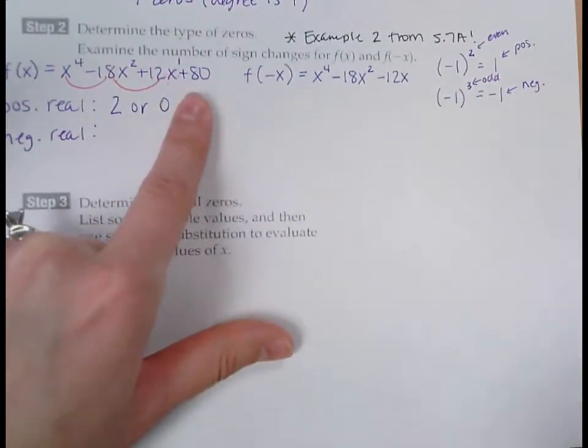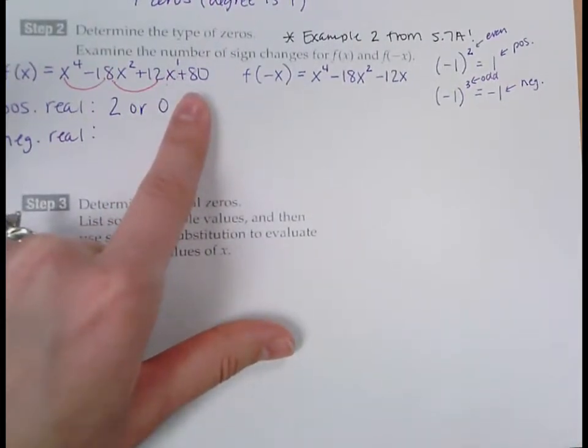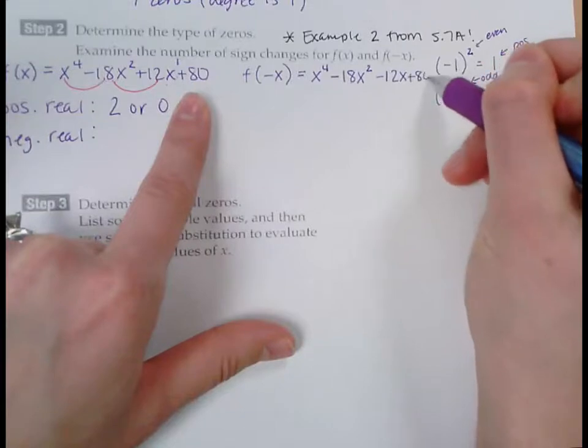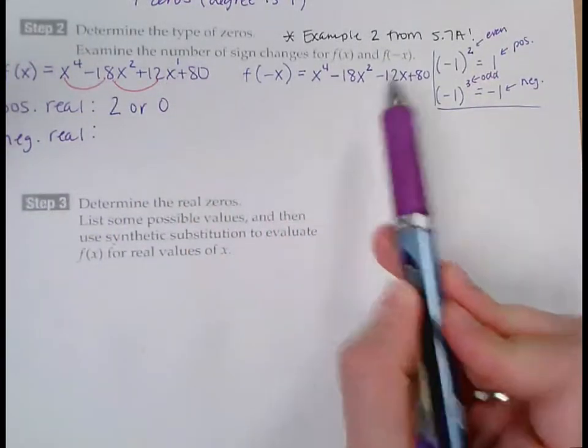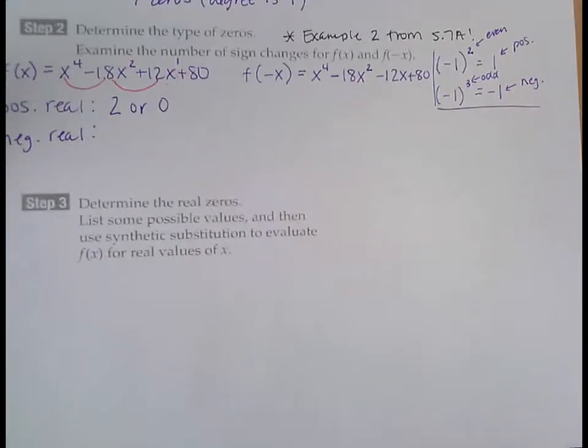And your constant, there's no x with it, it's always just going to stay what it is, so I have plus 80. Okay, so that's how you find f of negative x. Even exponents, the terms stay exactly the same. Odd exponents, the signs of the coefficients will change.